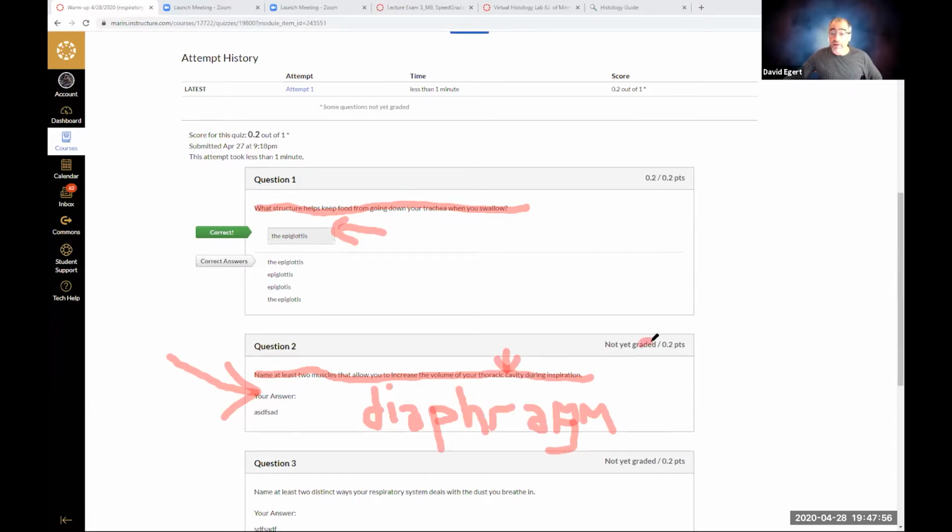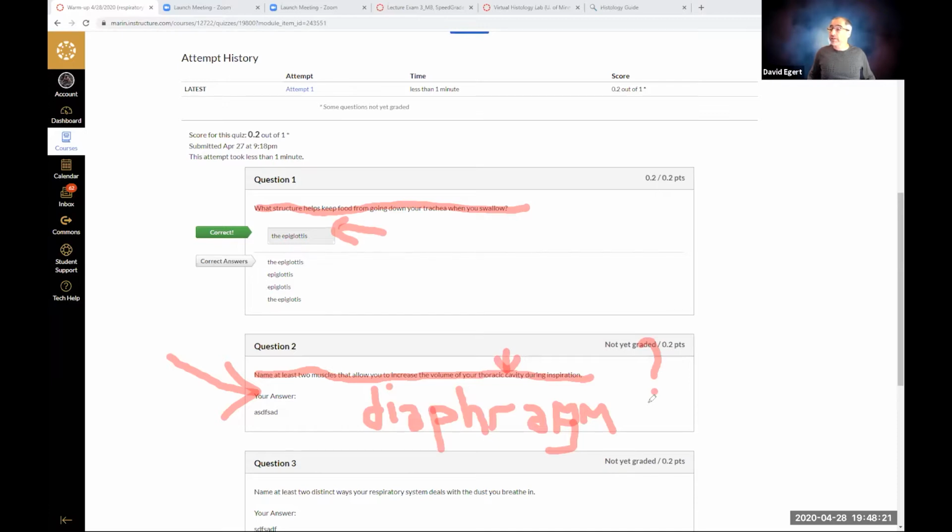What are other muscles that you can bring in to help change the volume of your chest cavity? Intercostals. Intercostals, and you have external and internal to either expand or compress. What are some other ones? Serratus anterior. Serratus anterior, which can pull on your ribs.